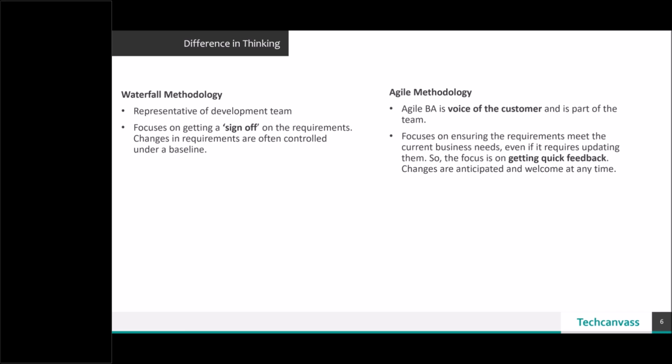Your focus is ensuring the requirements meet the current business needs, and you try to get as much feedback as possible from the product manager or the development team, that okay, this can be done, these are things which can be dropped from the current sprint, and these are some of the backlogs which can be included. So it's more or less a give and take situation.